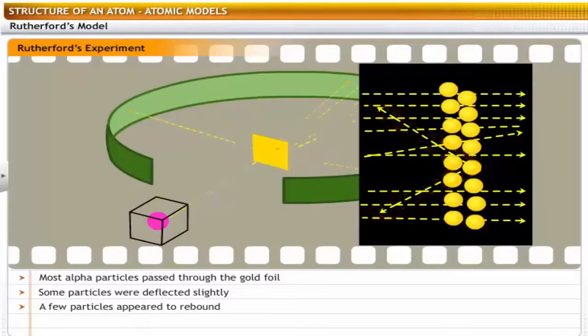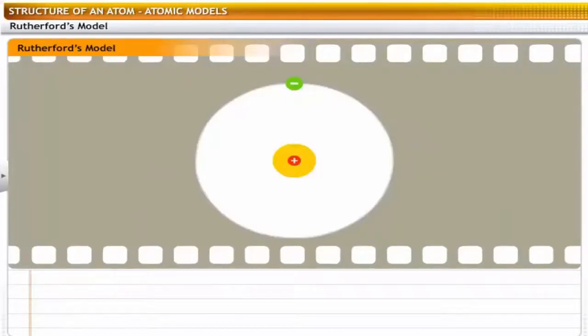Very few particles were deflected from their path. This deflection was caused by the repulsive force of the positive charge in the atom. The positive charge was concentrated in a small area within the atom and was not spread throughout the atom as Thomson had proposed. Based on his observations, Rutherford proposed the nuclear model of an atom.